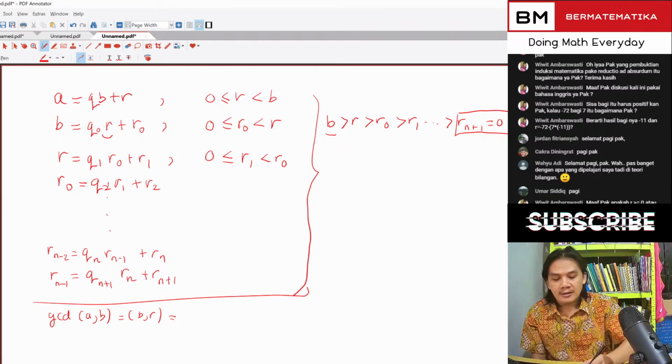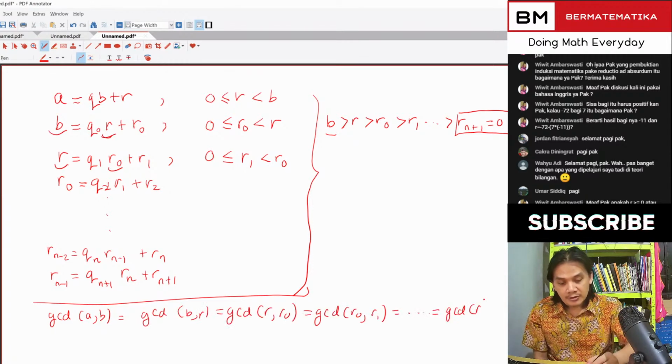And the last time is going to be the GCD of Rn and Rn plus 1. But Rn plus 1 is equal to 0.